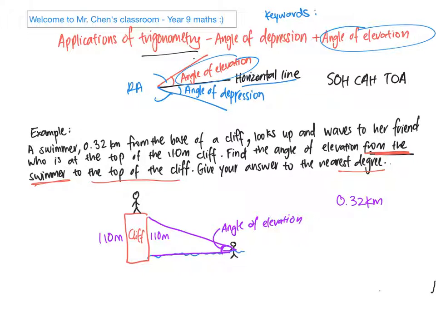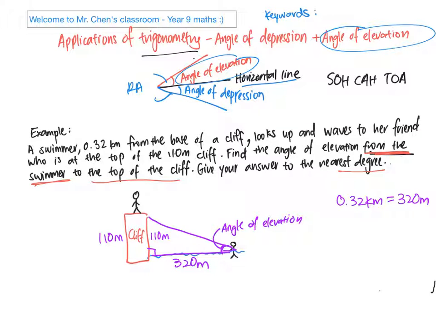So 0.2 km is actually 200 meters, 200 meters away from the cliff. Since we know two of the lengths in your right angle triangle, and we are looking for your angle, we will be able to use your right angle triangle trigonometry.